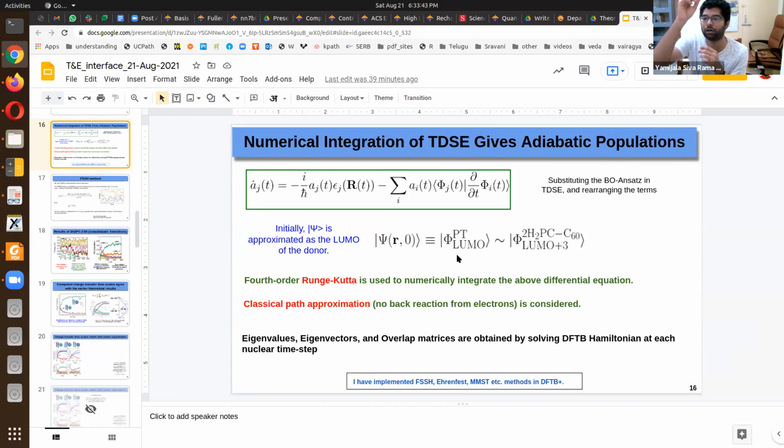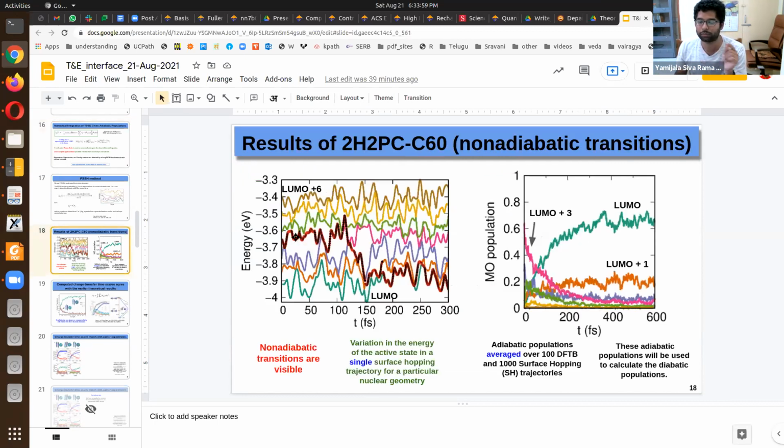Your electron after excitation should in general go to the LUMO of the donor molecule, and we are just simulating a single electron. Once this electron goes to the LUMO, from there we are trying to see how it moves down. So here LUMO plus 3 corresponds to the LUMO of the donor, which is H2Pc in this case, and how that finally comes to the LUMO, which here corresponds to the fullerene LUMO, is how the transfer happens.